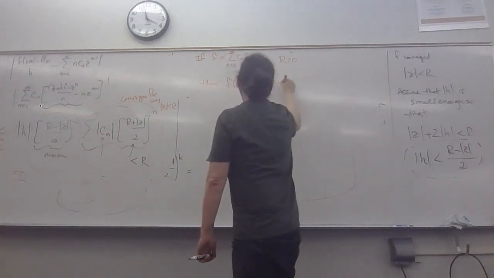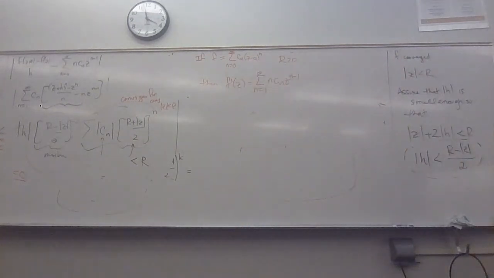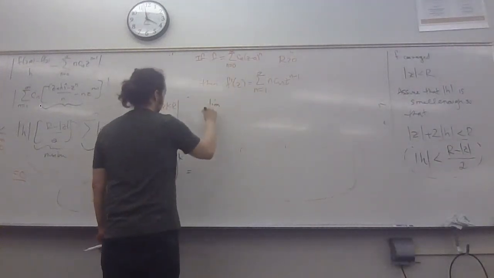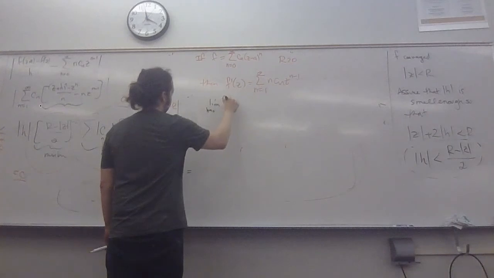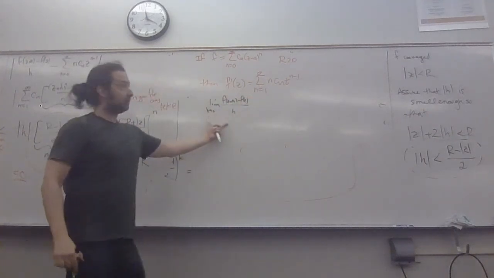So the first thing we proved is that the formula works. And by f prime of z, I mean the limit as h goes to 0 of f of z plus h minus f of z over h.